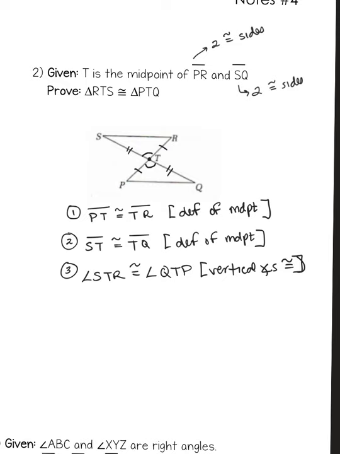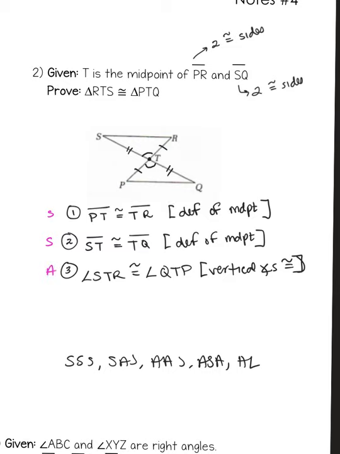So now when I'm trying to prove that these triangles are congruent, here are my options. Is it SSS, SAS, AAS, ASA, or is it maybe HL? If I look at my statements here, I have a pair of congruent sides, another pair of congruent sides, a pair of congruent angles.